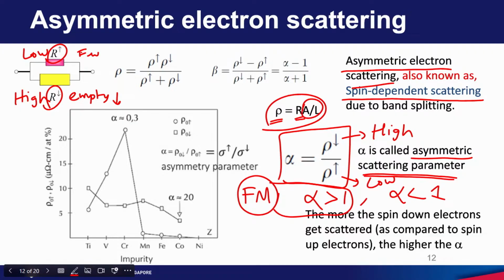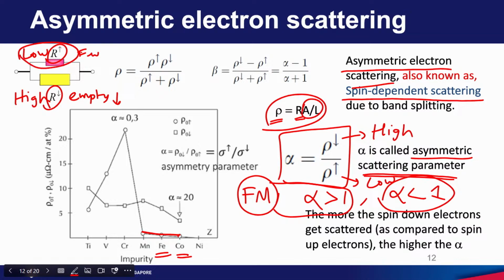Then for some other material you will have alpha less than 1. Depending on the band structure, some materials will have alpha lower than 1, some more than 1. If you look at ferromagnetic materials like iron and cobalt, we can see them in this picture. The circle represents the resistance of spin up electrons, and you notice that the spin up electrons have low resistance, like what we have already discussed.